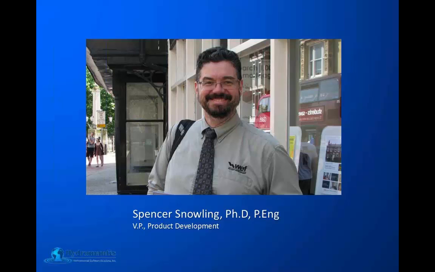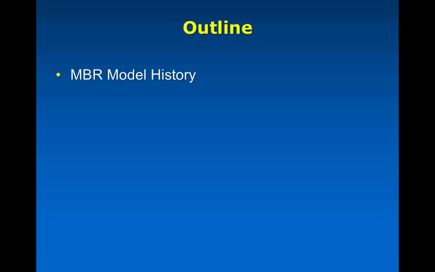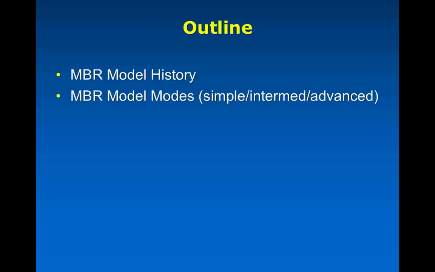So my plan is to talk about a little bit of the model history, from the point of view of how we got to the point where we are now with the features that we have. I'm going to talk about the various modes of the model, that being simple mode, intermediate mode, and advanced mode, and the various levels of complexity that are available. And then I'm going to talk about the details of those complexities.